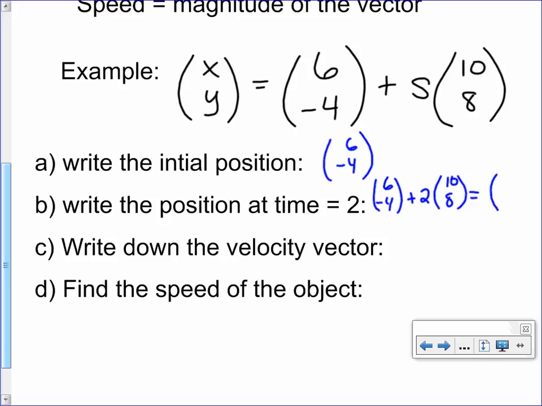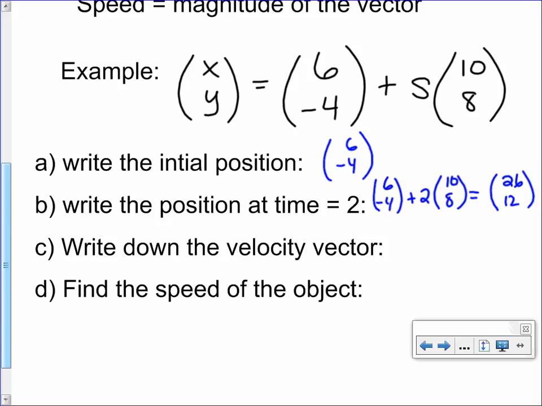So 6 plus 2 times 10, which would be 26. Negative 4 plus 2 times 8, 12. So the vector would have a position at 26 and 12. Cool. Okay.